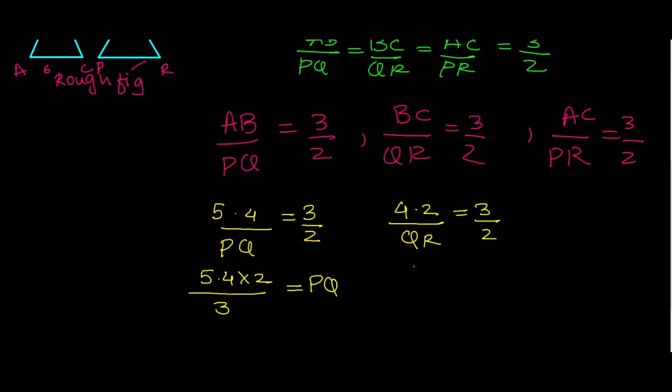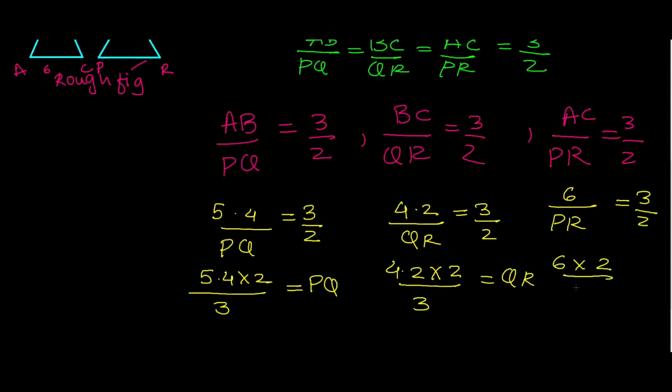By cross multiplication again, 4.2 into 2 upon 3 is equal to QR. Now AC is 6 centimeter, so AC upon PR equals 3 upon 2, and 6 into 2 upon 3 is equal to PR. By solving this, we will get the values of PQ, QR and PR. So let us solve this.